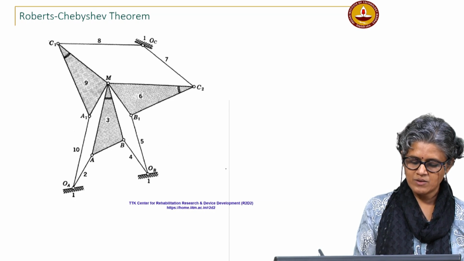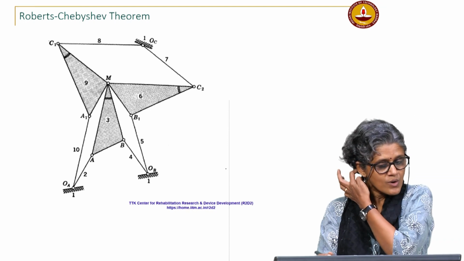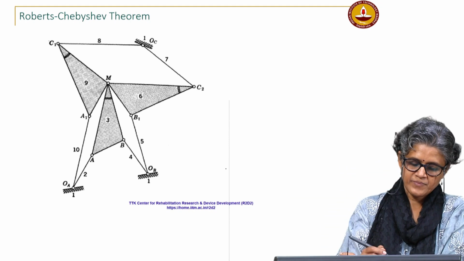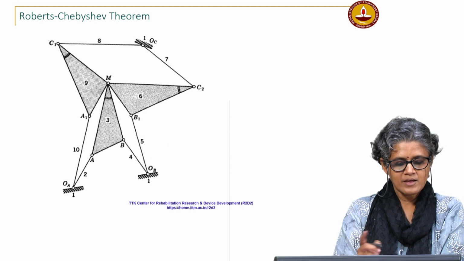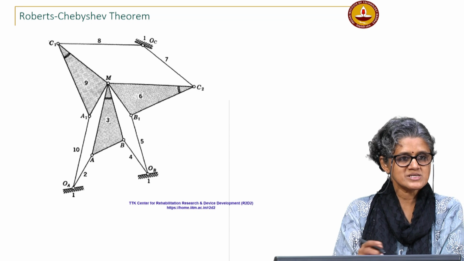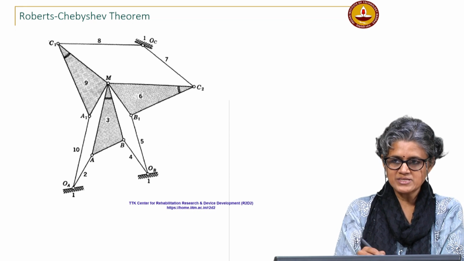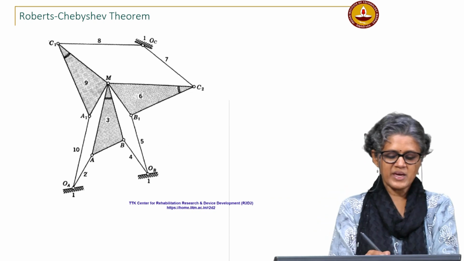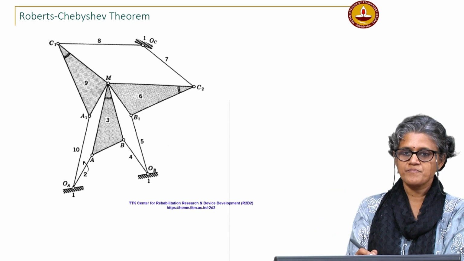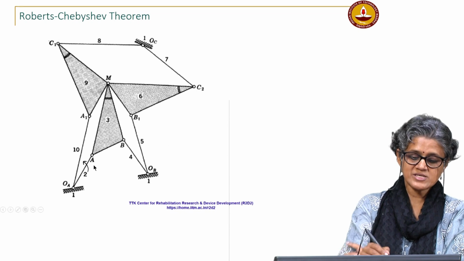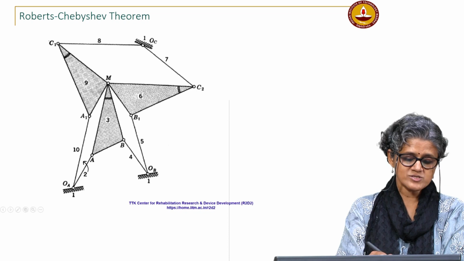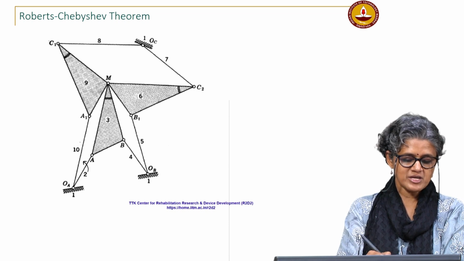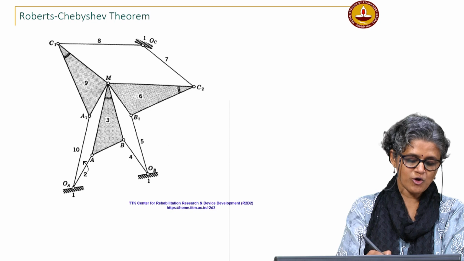Oh, one more thing. Because of this construction, the velocities are also related. If omega 2 is your input link, the velocities of these three linkages are also related, right, because these form parallelograms.